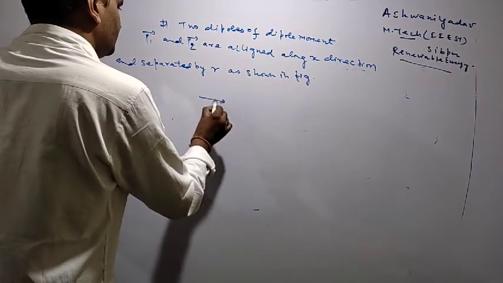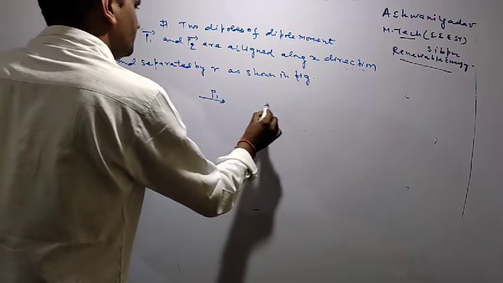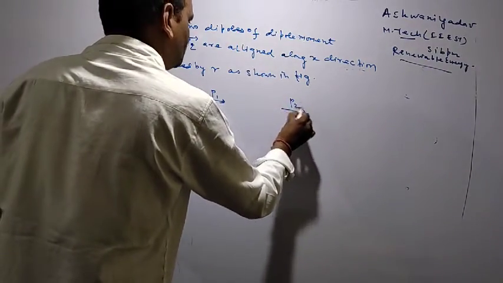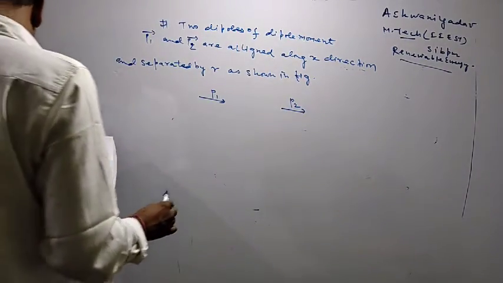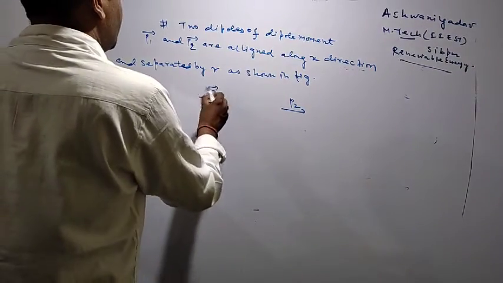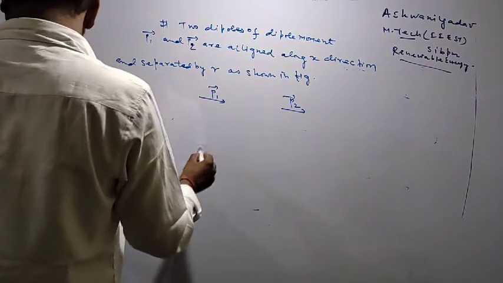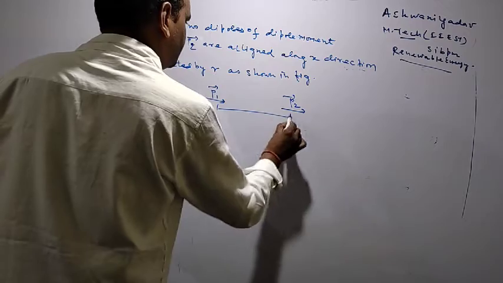Like this is dipole moment 1 and this is dipole 2. This is your dipole moment and the distance is R.